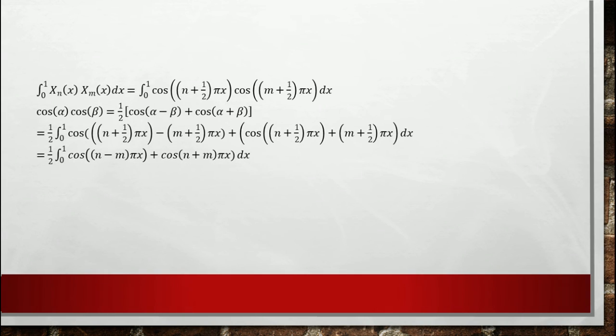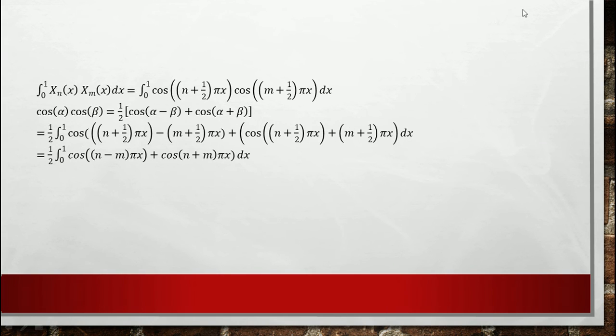Using the cos α cos β rule, which is 1/2 [cos(α - β) + cos(α + β)], we will get 1/2 times the integral from 0 to 1 of cos((n + 1/2)πx - (m + 1/2)πx) + cos((n + 1/2)πx + (m + 1/2)πx) dx.